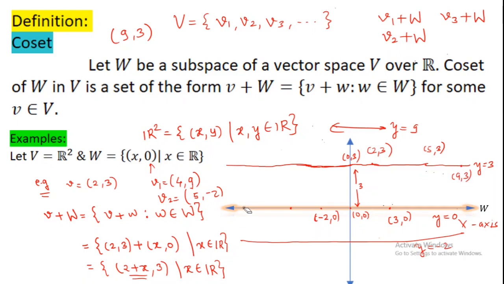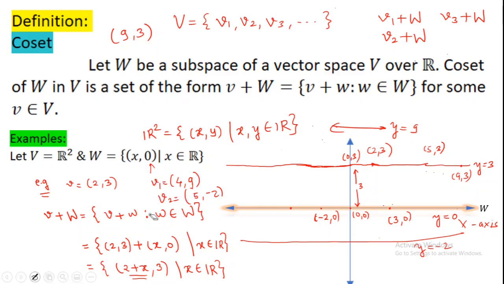Observe one more thing over here. For this particular coset, whatever line we are getting, that line is having the point 2, 3. It is containing the point 2, 3. Similarly, for this particular point, v1 is equal to 4, 9.